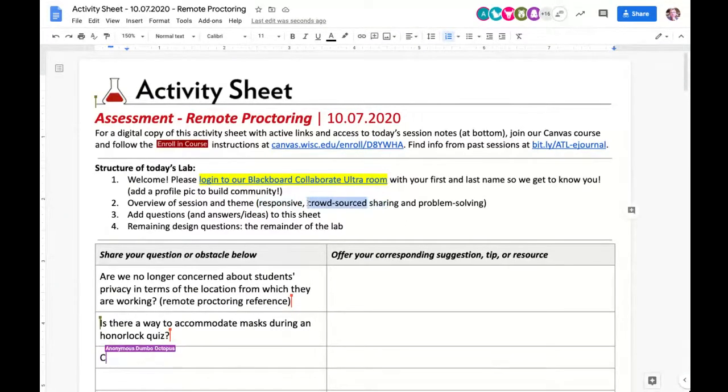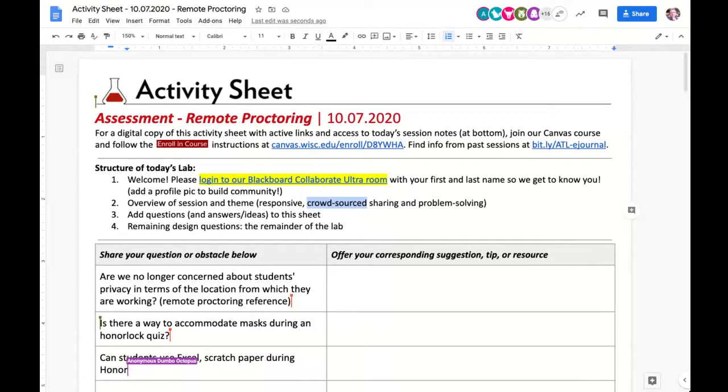It is crowdsourced. In addition to those folks that I've invited, you all have expertise and experience teaching and learning and observing and researching. So we encourage you to join in with your experience as well and offer your suggestions, tips and resources, because while I have taught, I have not taught many of the types of courses that you are teaching.